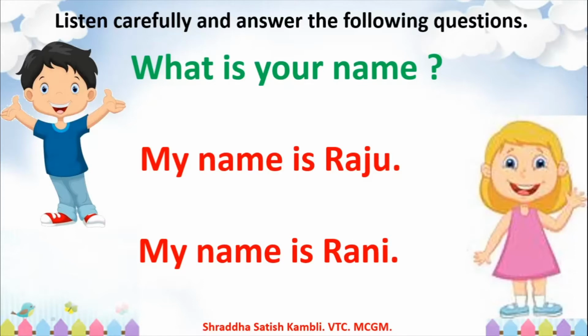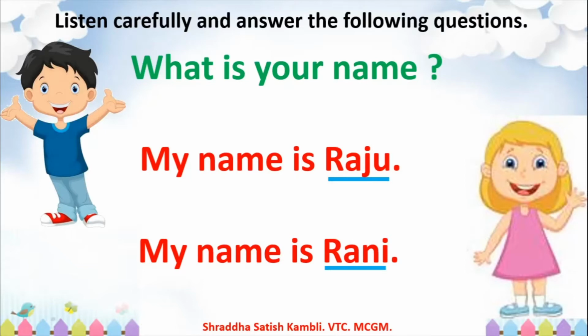Alright, so now today we are going to ask so many questions to Raju and Rani. So look at these two words in this. In the answers, we are going to focus on two words. The first one is Raju and the second one is Rani. So you're supposed to keep this in mind, okay? So when you said, what is your name? The answer was, my name is Raju.